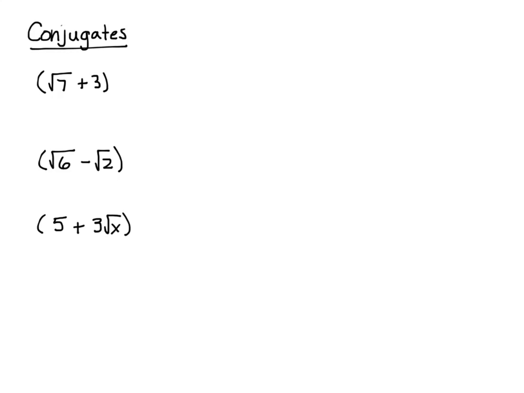numbers. All right, so the conjugate to the square root of 7 plus 3 would be, just change the plus to a negative. And then the conjugate to the square root of 6 minus the square root of 2 is just the square root of 6 plus the square root of 2. So you don't do anything else other than just change that sign.